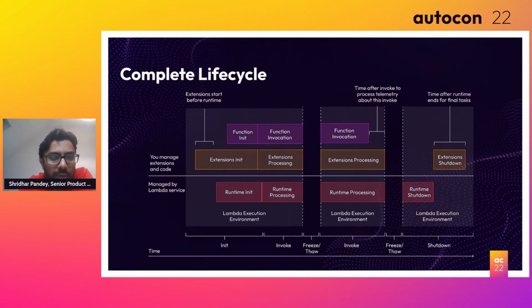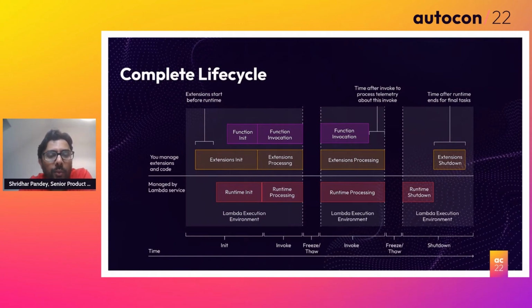So if you start looking from the left, you will see that the extension initialization starts before the runtime or even the function. Before the function code is initialized or even the runtime is initialized, and the initialization phase ends when the function code, in the runtime and the extension initialization have completed, or it has reached timeout, whichever happens first.